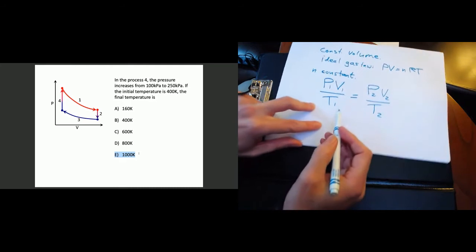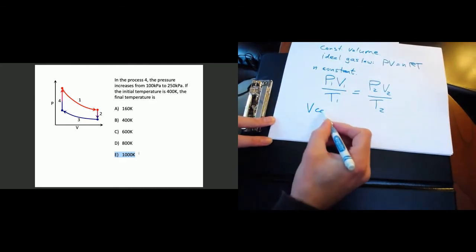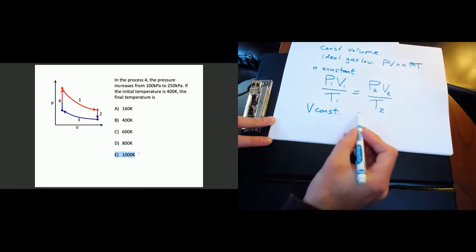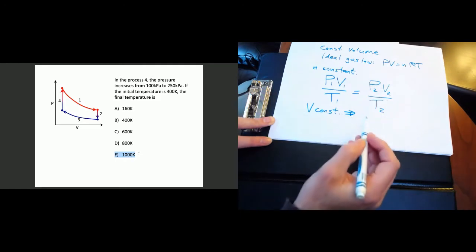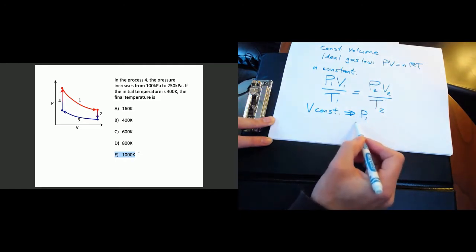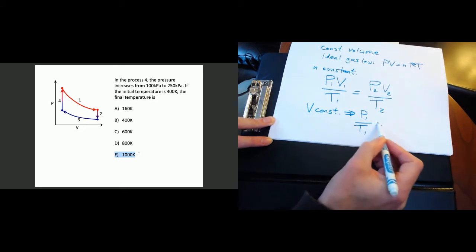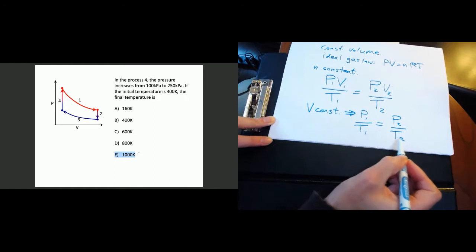In the specific process we have here, then we have that V is constant. And so what we could do is cancel off V from both sides of this equation. So V1 equals V2, and that means that P1 over T1 is equal to P2 over T2. Okay.